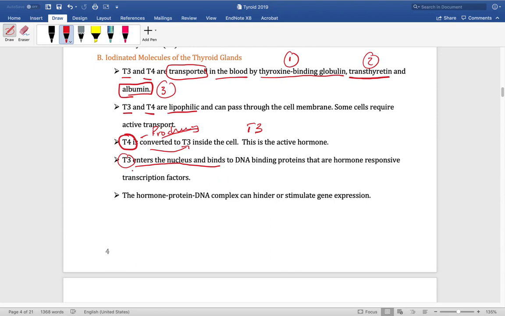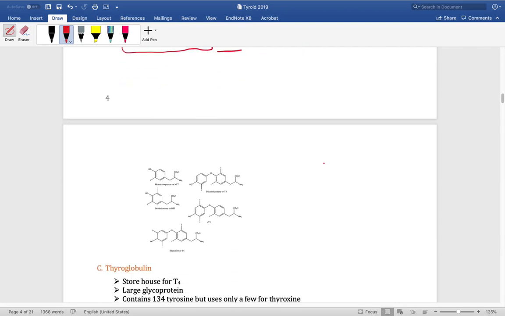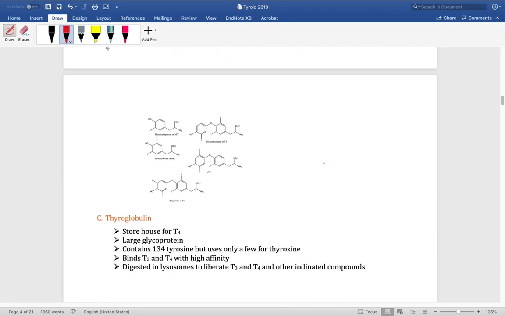So once T3 binds to the DNA binding protein, a hormone protein DNA complex is going to form, and this is going to either hinder or stimulate gene expression. And we won't go into much detail about the activity of the drugs, basically how T3 stimulates or hinders gene expression.